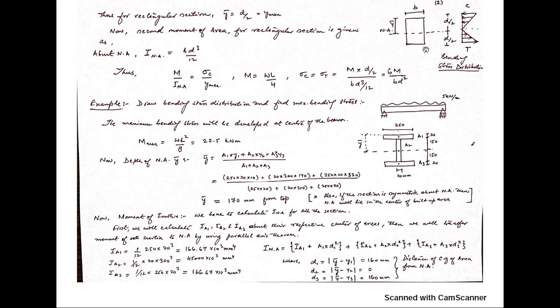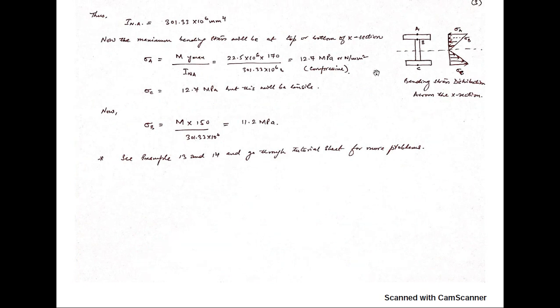You can directly get it from the cross section detail over here. So y will be 150 for that particular point. All the values will be the same, M will be the same, I will be the same, and you can calculate the value at a particular point in a bending stress distribution. So this is how you can show the bending stress distribution across a cross section.